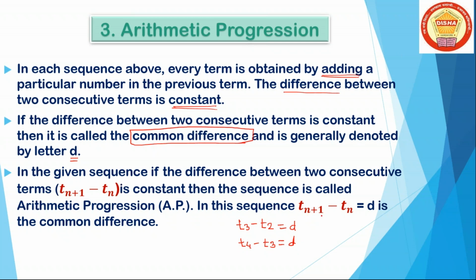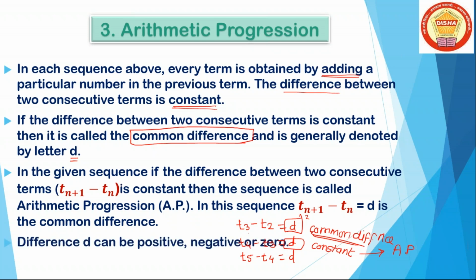If n is 2, then n plus 1 is 3, so t3 minus t2 is equal to D, t4 minus t3 is equal to D, and t5 minus t4 is equal to D. In an AP, this D is known as the common difference. For a given sequence, if the common difference is constant, then we call it an AP, an arithmetic progression.